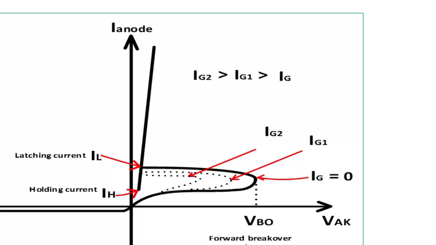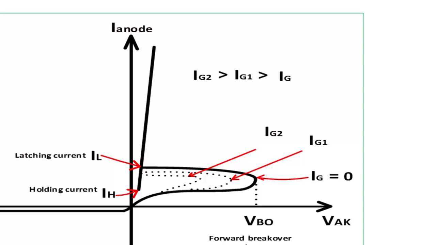Now at Ig1, as the gate current is increased, the voltage requirement to turn on the thyristor is reduced. You can plot that along the VAK axis, the anode to cathode voltage axis. Further, if the gate current is increased to Ig2, then the anode to cathode voltage requirement to turn on the thyristor is reduced further.